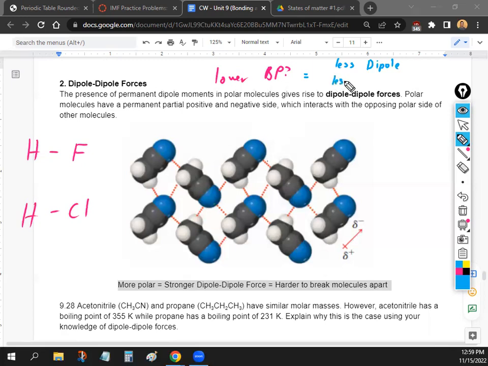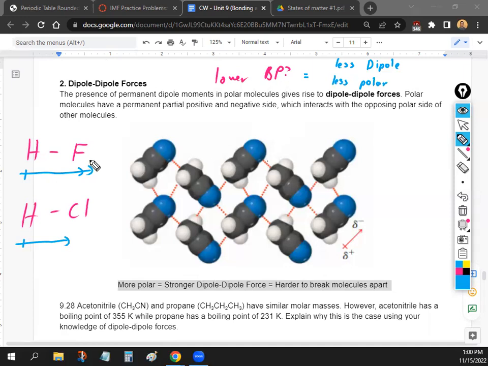Less polar, because the polarity affects how much dipole moment there is. So let's compare these two molecules. We got H on one side, so that's kind of our control. Now, which one is more electronegative, fluorine or chlorine? F is more electronegative, which means HF is going to be more polar than HCl.